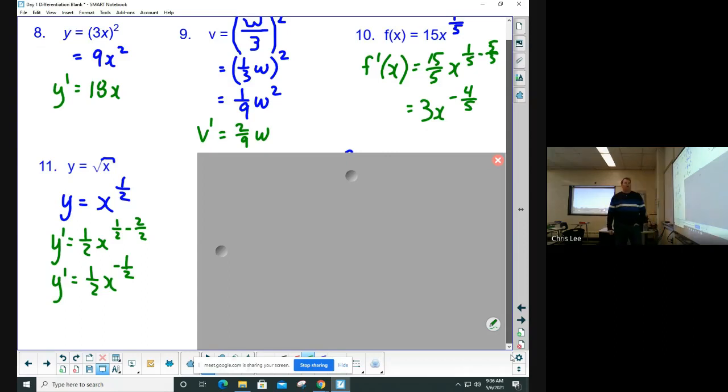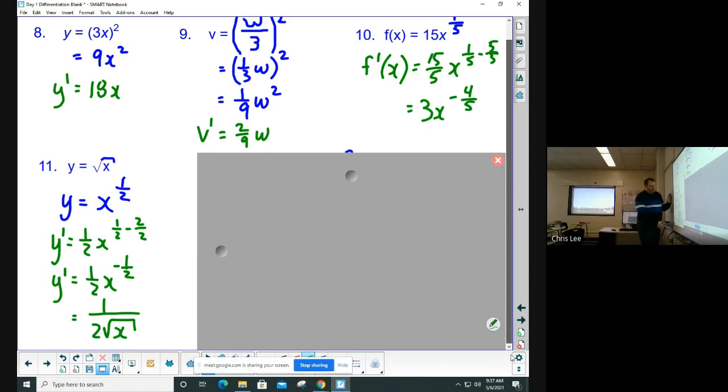I'm okay if you leave it like that. Some books will rewrite this. The negative exponent tells you take the reciprocal and put it on the bottom. And the 1/2 means square root. So you'll also see this as the same answer.